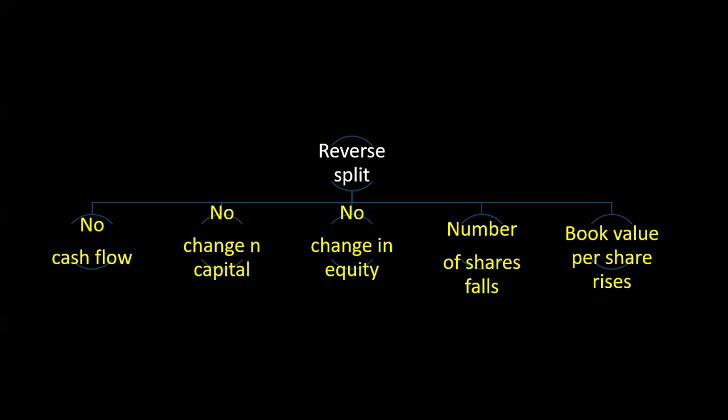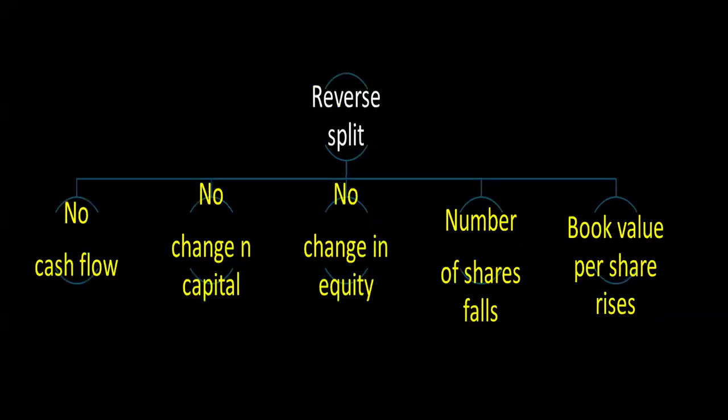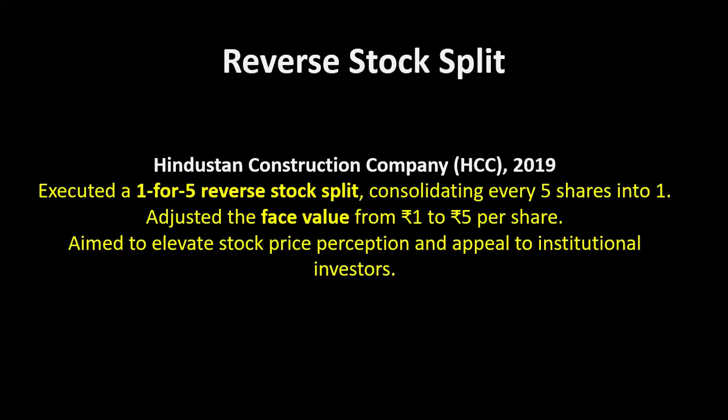So book value per share rises here, whereas in a stock split, book value falls. This is not a very popular business decision, but still we see several companies do the reverse split.